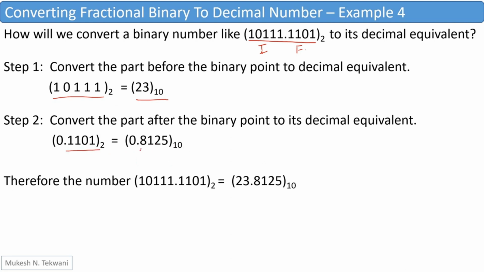We saw in the earlier example that this is 0.8125. Therefore the entire number can be written as the integer part, which corresponds to 2, and then the fractional part corresponds to 0.8125. This becomes our complete equivalent value in the decimal system.